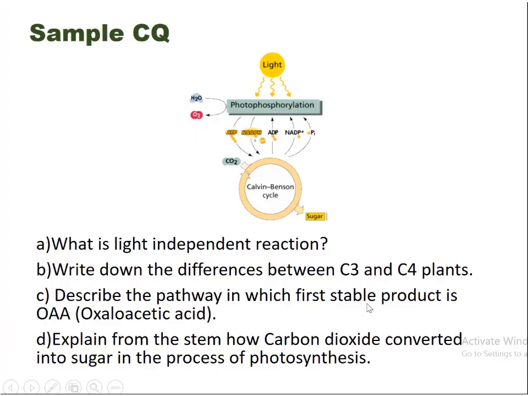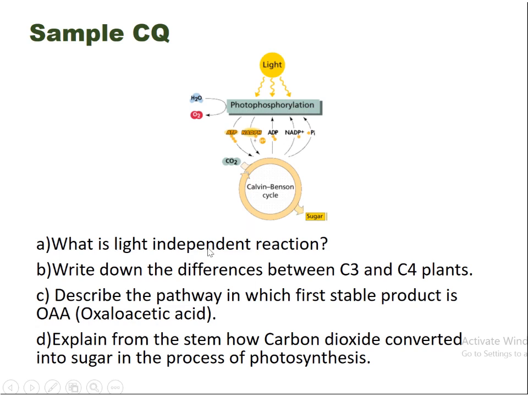Now here is a sample CQ question, and you have to answer these questions from this stem. In this stem, this is the overview of the photosynthesis process: the photophosphorylation, that means the light dependent reactions, and here the light independent reaction. Then it produces sugar, carbohydrates.